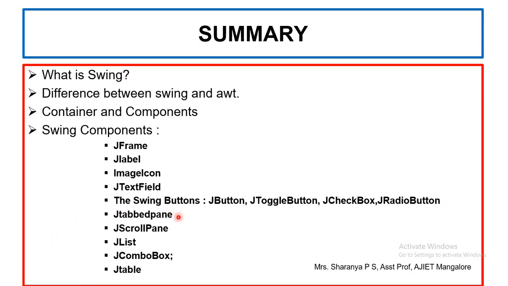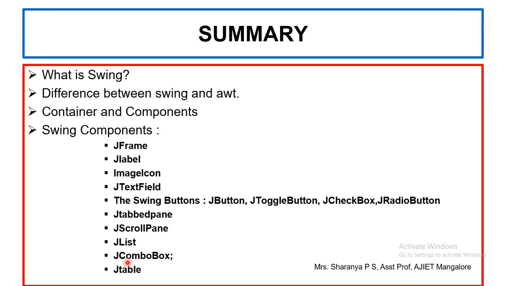And the tabbed pane will give different tabs for the users to move between. And scroll pane we have observed can be added to any other components, so that we can give some scrolling to the other components. And in this session just now we have discussed how a list can be added, how a combo box can be added with the different items listed, and the table which is used to display a table.